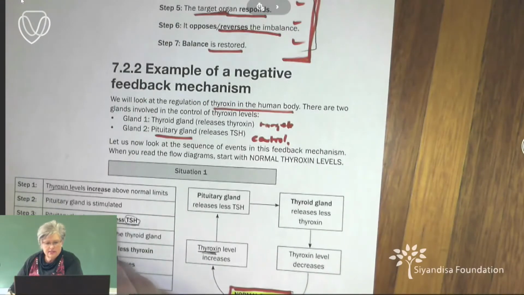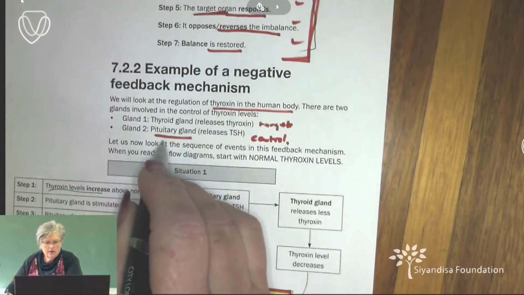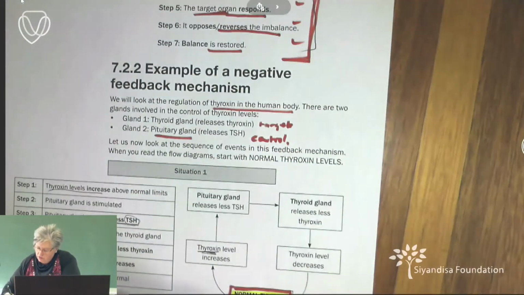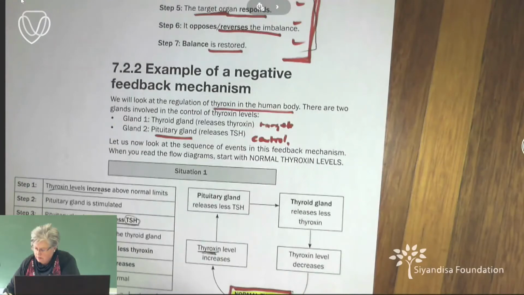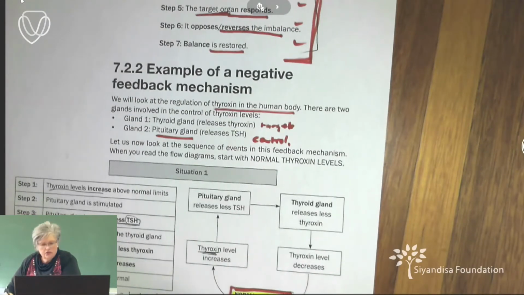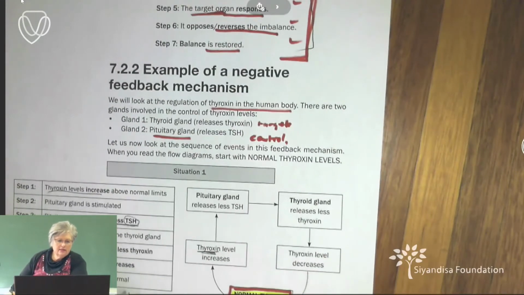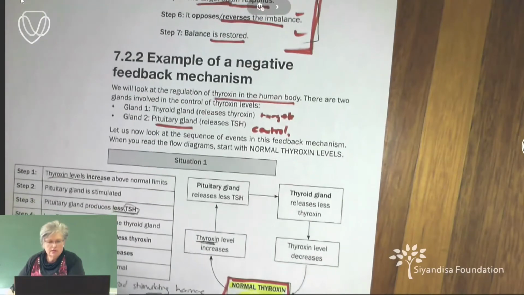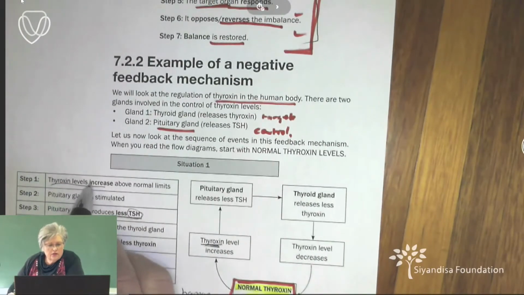Because TSH stands for thyroid stimulating hormone. So what does it do? It stimulates the thyroid gland to produce more thyroxine. And we have too much already.